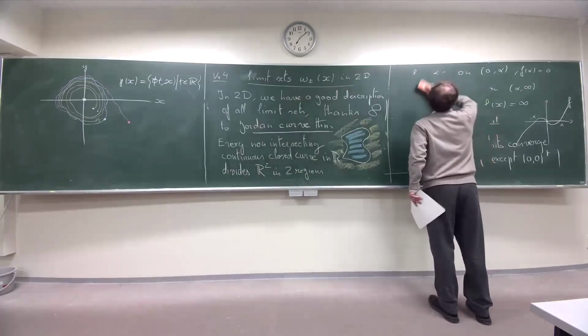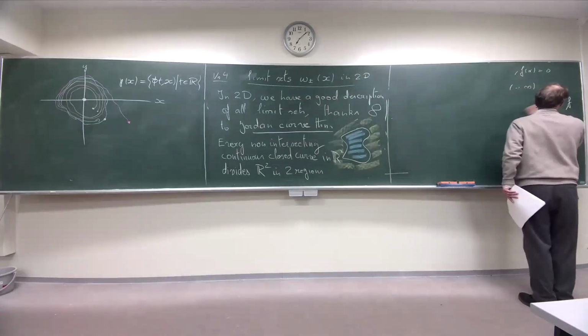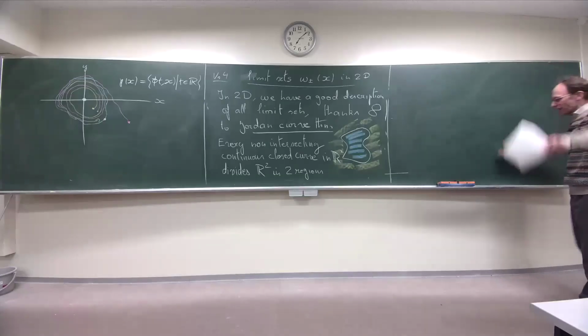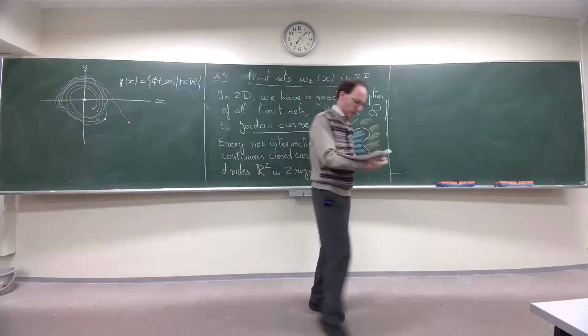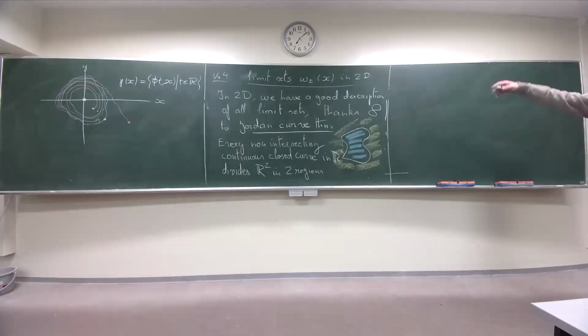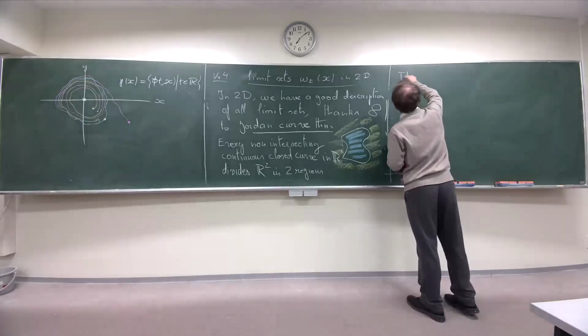And of course, if you think about it in R3, this statement is simply meaningless, except if you start with a surface, but we are dealing with trajectories, and a trajectory is more like a curve. It's not a surface. And so, as I said, we can describe essentially all limit sets. It's a rather long statement, but it's a nice one.